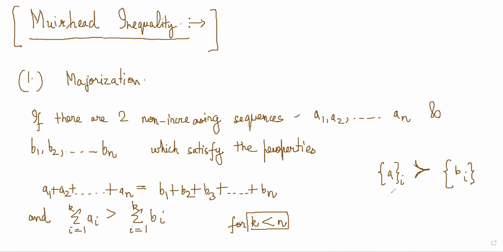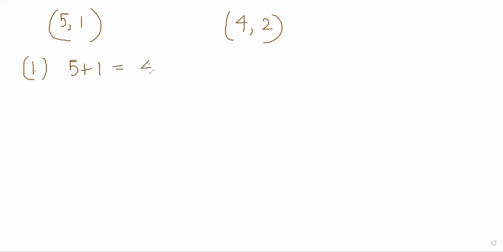We'll take some examples and try to understand what this means. Right now it feels a little abstract. For example, if we have a sequence of two numbers, 5, 1, and the other sequence is 4, 2. You can see that it satisfies the condition 5 plus 1 is equal to 4 plus 2, and it also satisfies the condition that 5 is greater than 4.